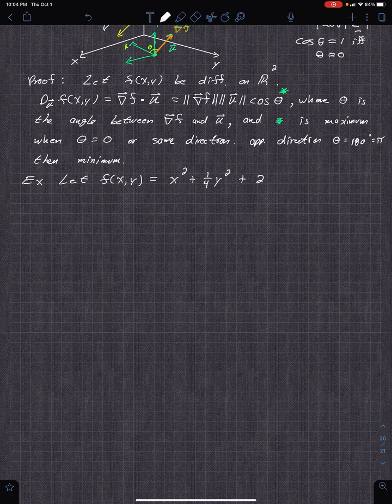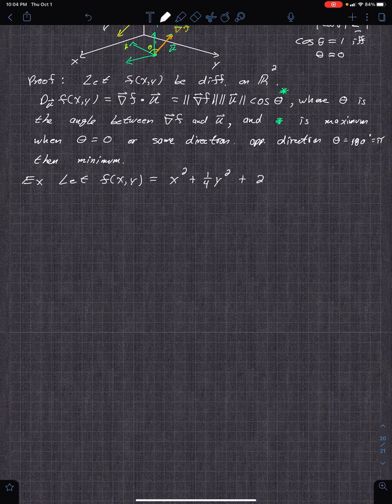So basically that's a paraboloid shifted up 2 units, but it's not symmetric. Well, it's symmetric, but it's squeezed somehow, a little bit.